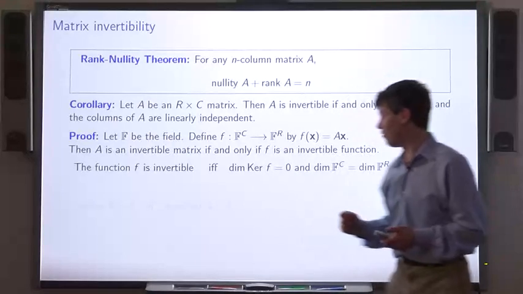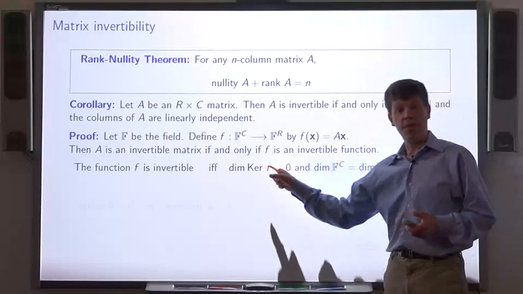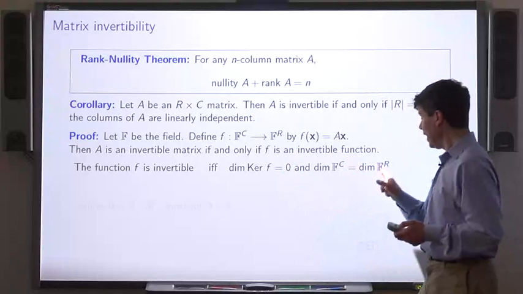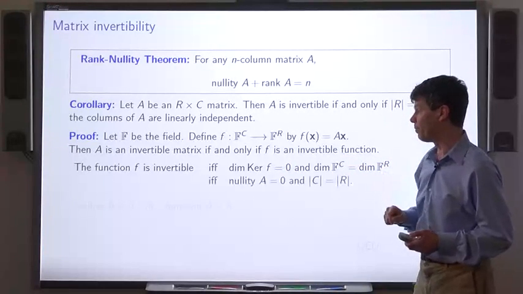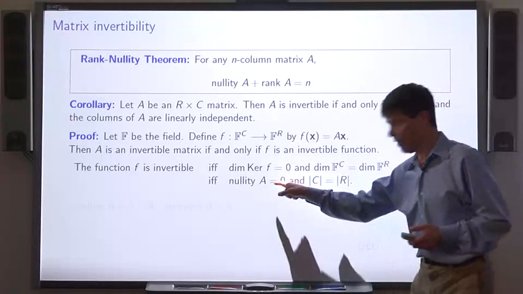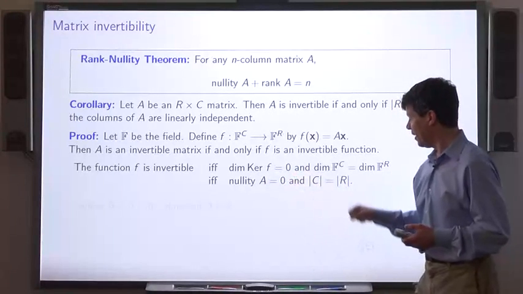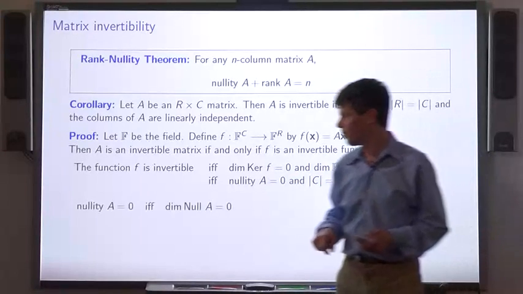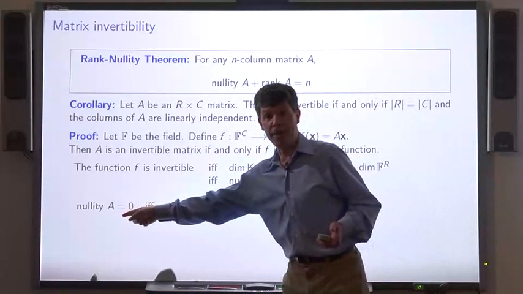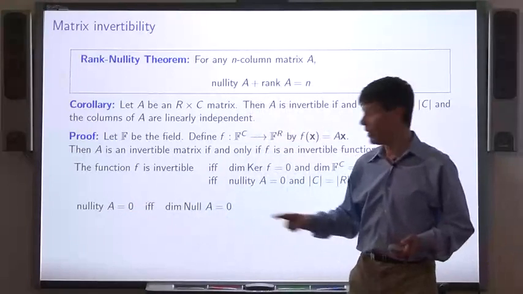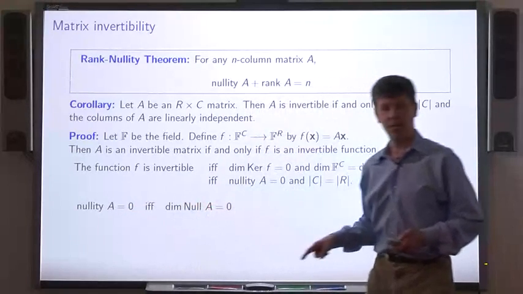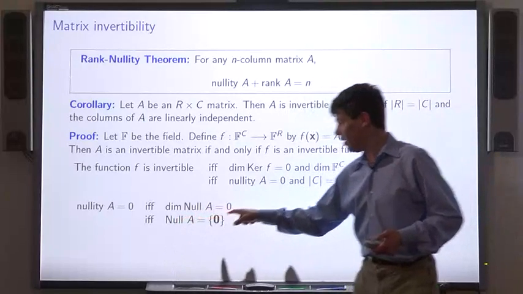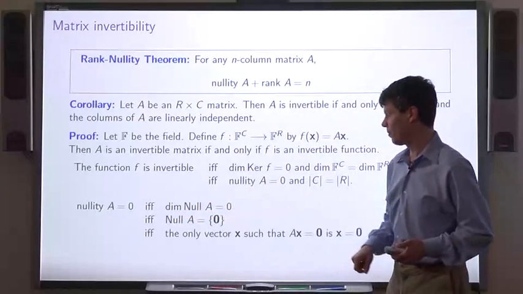And the function f is invertible, we know, if the dimension of its kernel is 0 and the dimension of its domain equals the dimension of its codomain. That is, if the nullity of the matrix A is 0 and the number of columns equals the number of rows. Well, the nullity of a matrix A is 0 if and only if the dimension of the null space of A equals 0, which is true if and only if the null space of A consists just of the 0 vector.